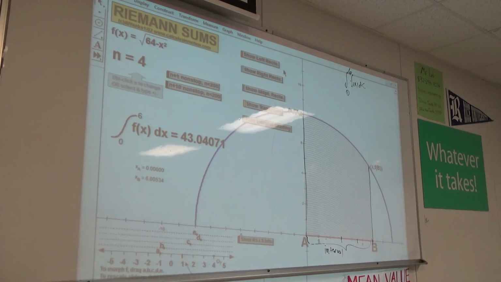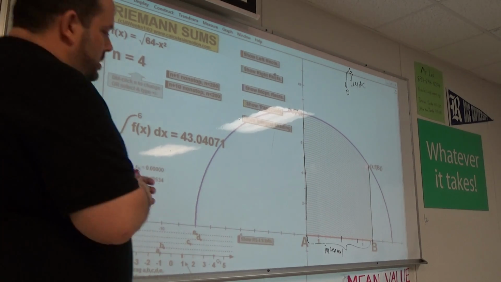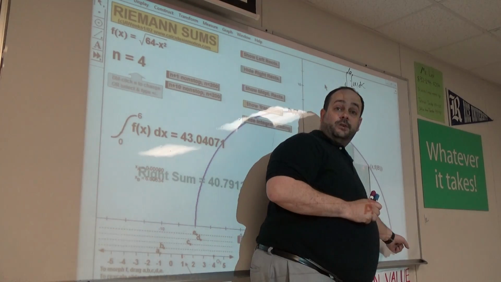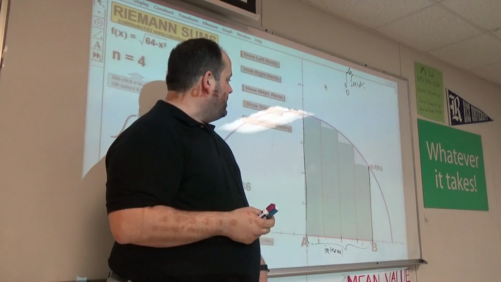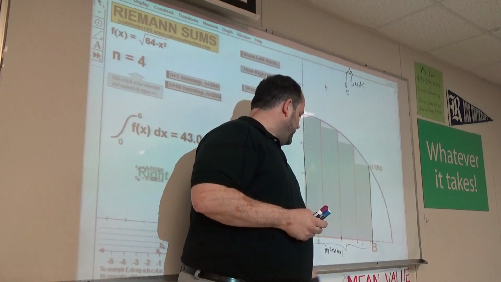What I want to show you is another method that Riemann pioneered called the right endpoint method. Trust your instincts here. It's going to go to the other side. I'm going from 0 to 6 and I'm going to use the right endpoint method. Look at those rectangles.